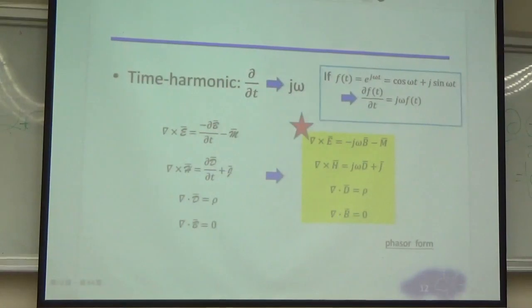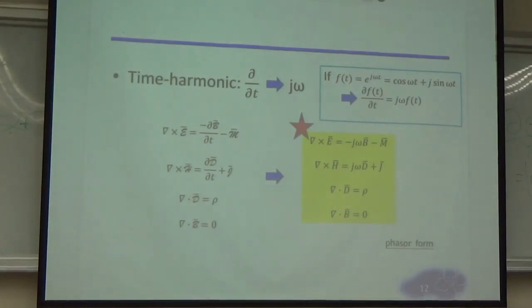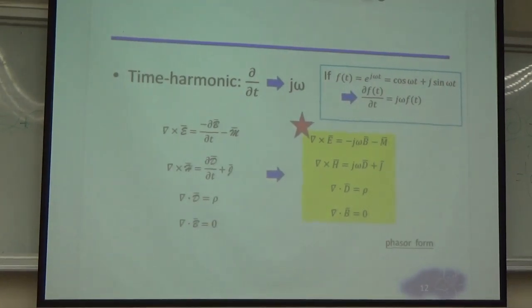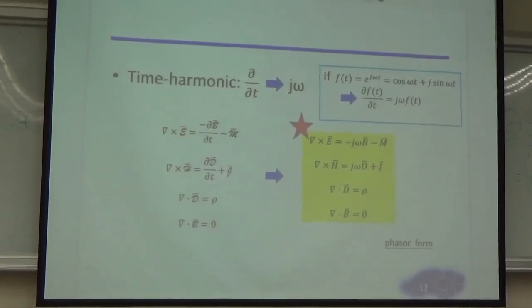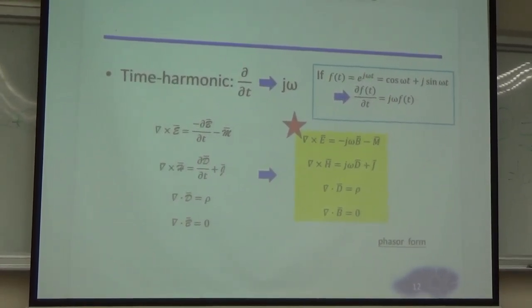We still have time. So, after I introduce the four Maxwell equations in the differential phasor form, they have an integral form and a differential form. This is a differential form, and it is a phasor form.